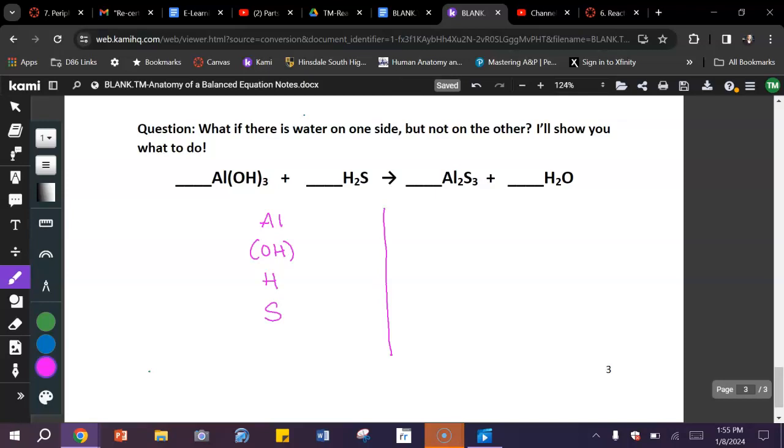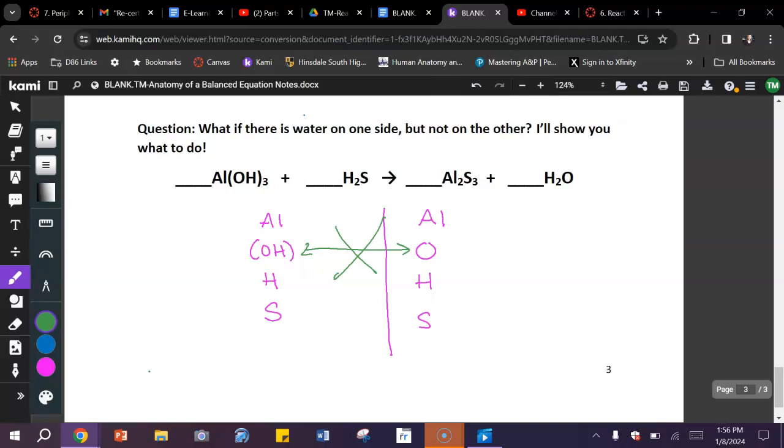And if we went on this side, we would have aluminum, we would have sulfur, we would have hydrogen, and we would have oxygen, but oxygen and hydroxide are not the same. And so we would have a really difficult time balancing out this equation.